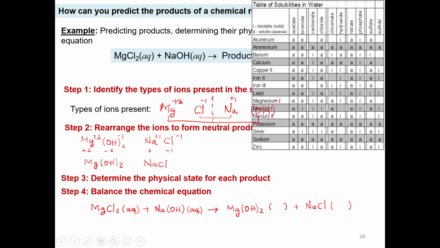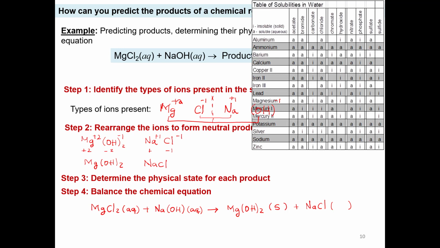Then if you combine magnesium with hydroxide, you will get insoluble, means you will get a solid state. Then in this case, if magnesium hydroxide is forming, then you will get a solid product.